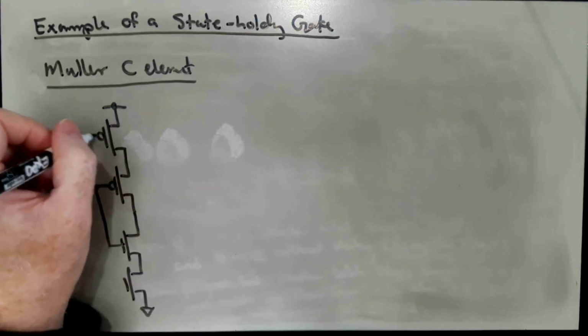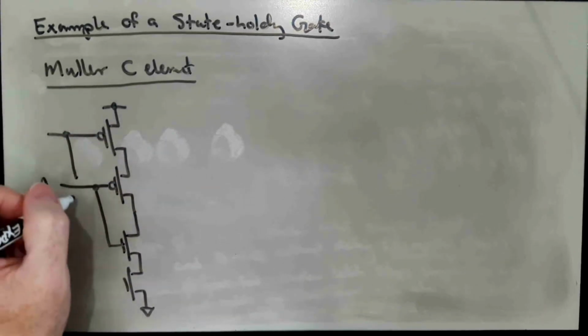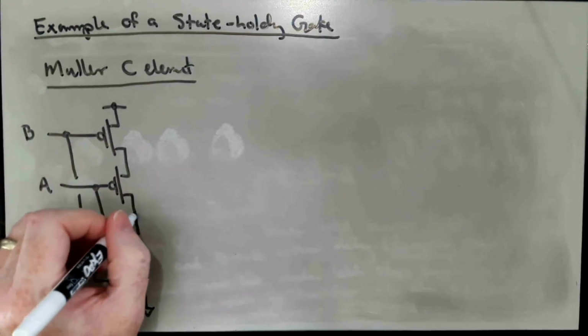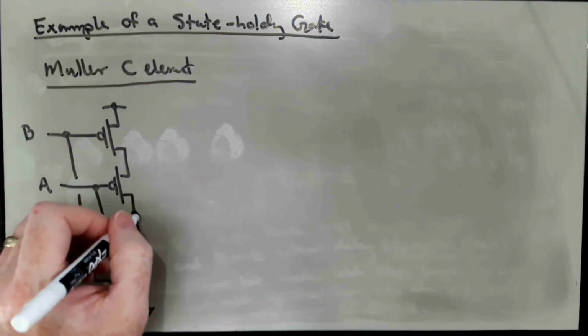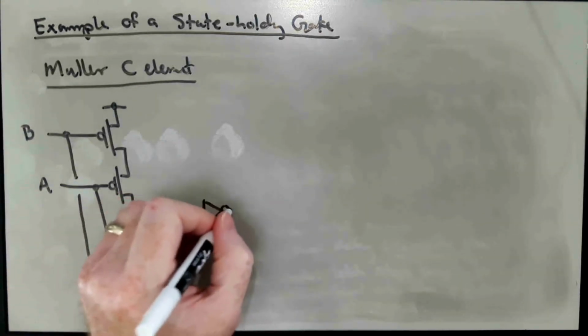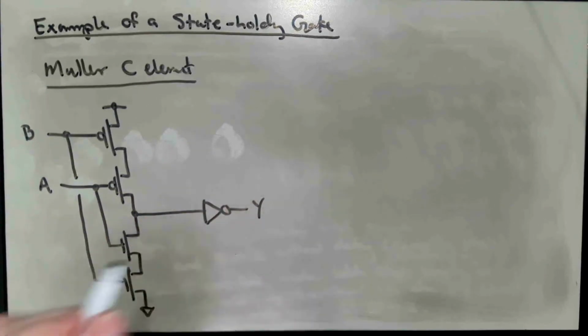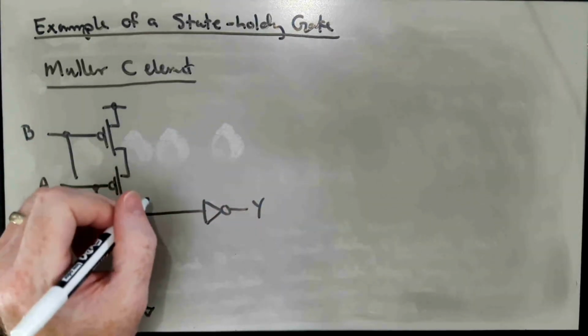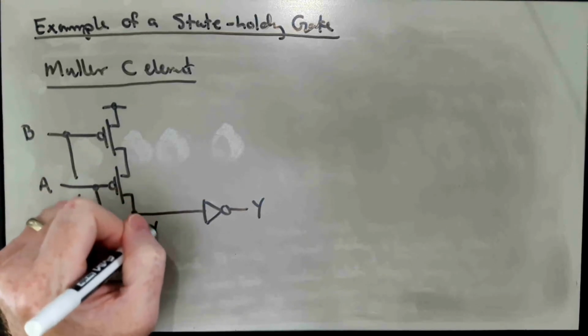So we have two inputs A and B. And we're going to put this through an inverter, because typically the output has the same sense as the two inputs in a Muller C element, and this will be Y bar.